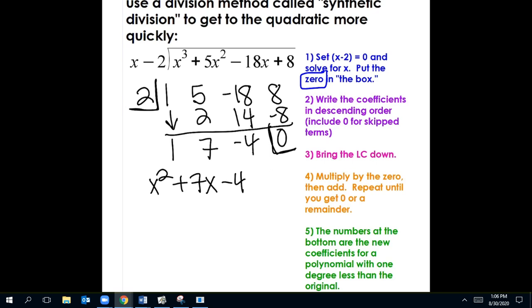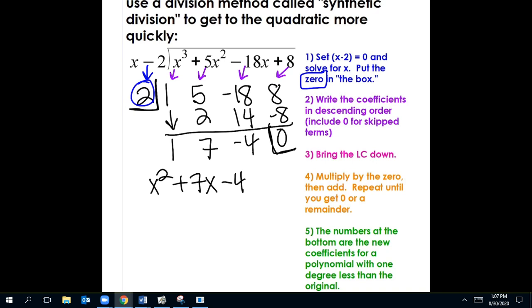So let's just go through these steps one more time. First thing is we have our 2 in the box. That x minus 2 became 2. Then we write our coefficients in descending order. So that was here: 1x cubed, 5x squared, -18x, and 8. Then we brought the leading coefficient down.